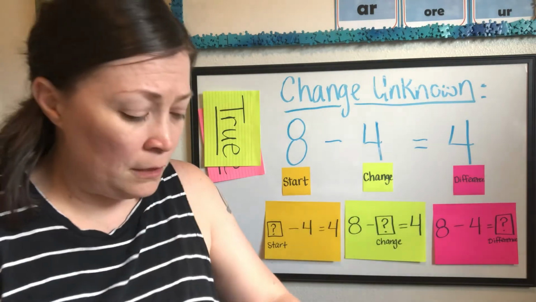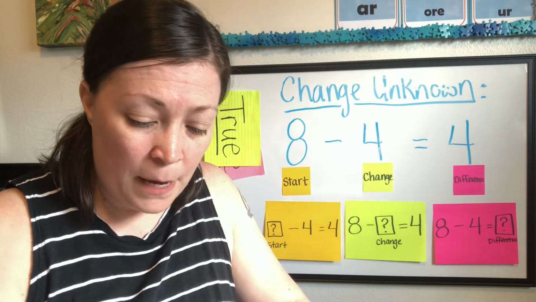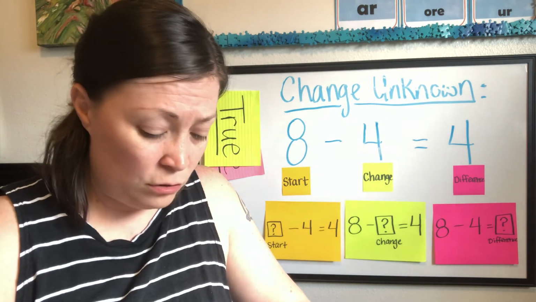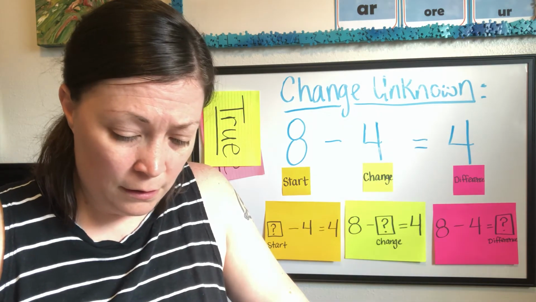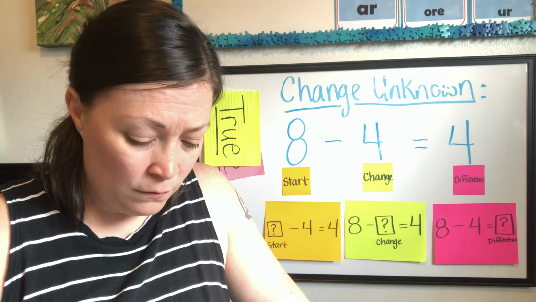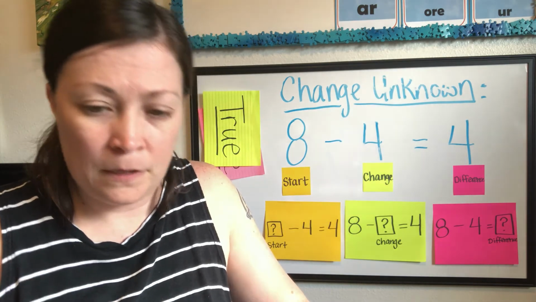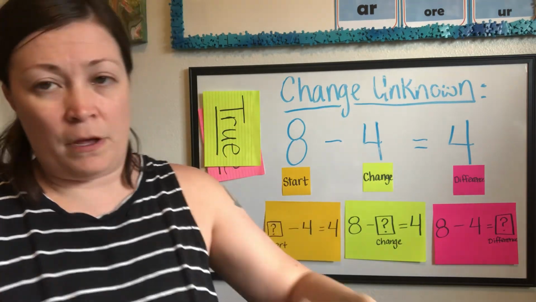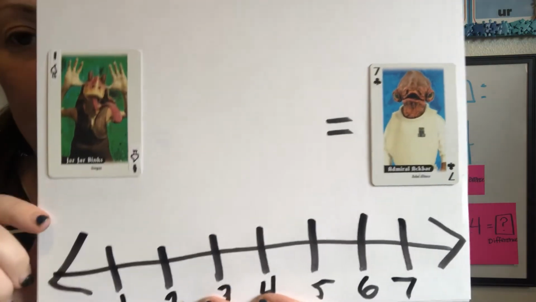I'm going to draw you a number line in case you need it. You can also draw them on your paper, or you can use dots, circles, stars, whatever makes you feel like you can do that problem. Okay, so today on this one, we're starting with this kooky guy, Jar Jar Binks, who's a number 1.